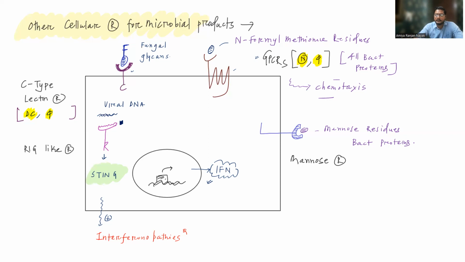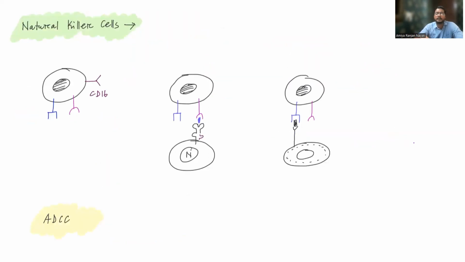Okay. Coming to the next section, now we are going to discuss a little bit about the natural killer cells. Natural killer cells are actually lymphocytes, and in the peripheral blood, around 5 to 10% of the lymphocytes are NK cells. As we have discussed previously, around 60 to 70% are T lymphocytes, around 20 to 30% are B lymphocytes, and around 5 to 10% are NK cells.